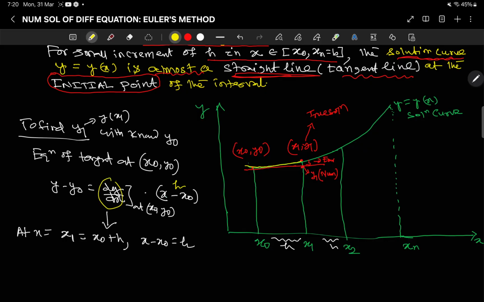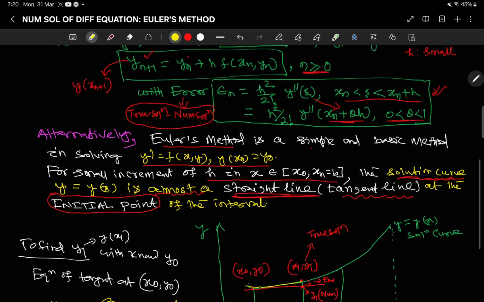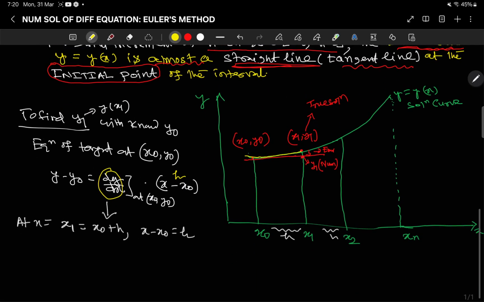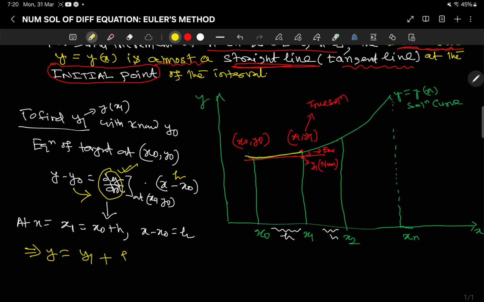And what is dy by dx? It is given that dy by dx is f of x, y at the point x0, y0. So bringing y0 to this side, y is y1, plus dy by dx, which is f of x0, y0, and this is your h.